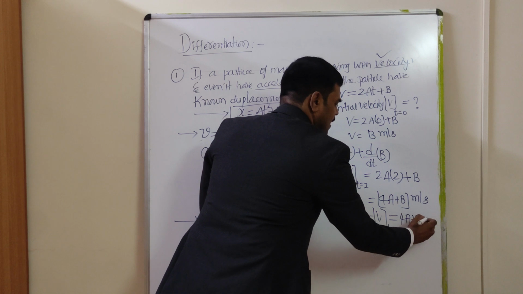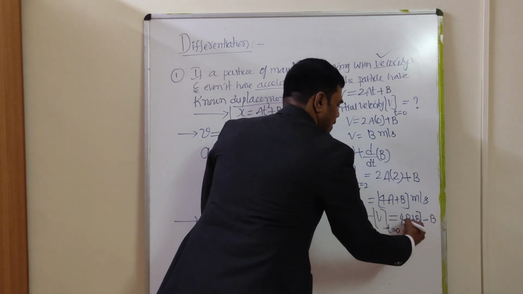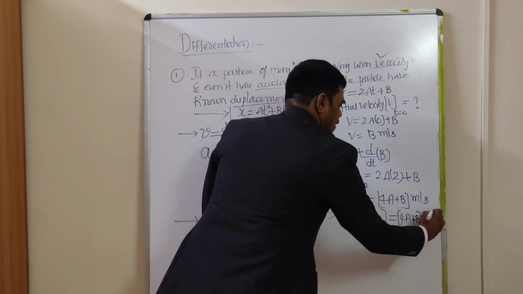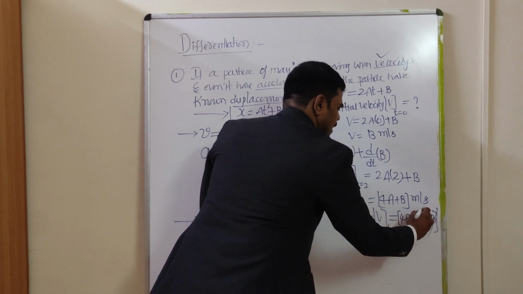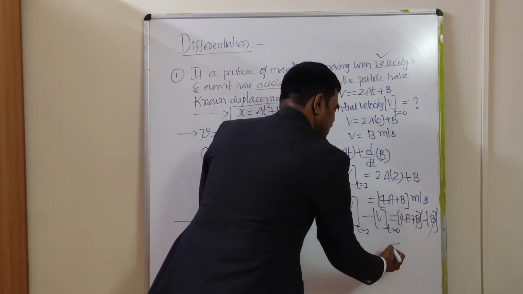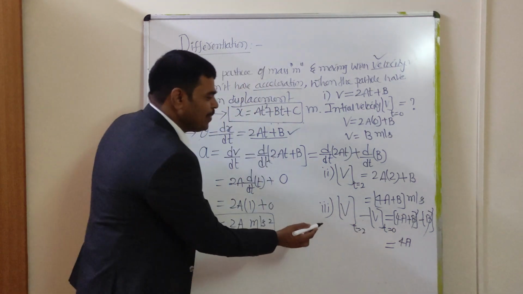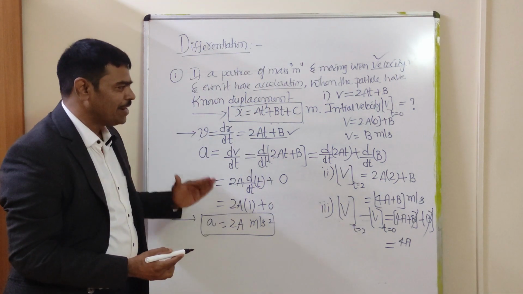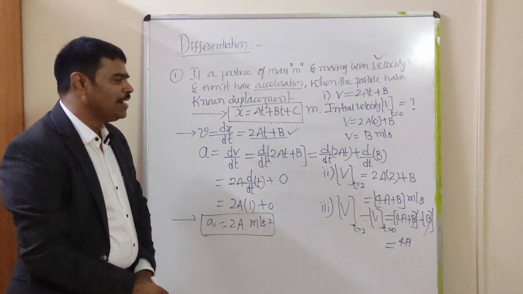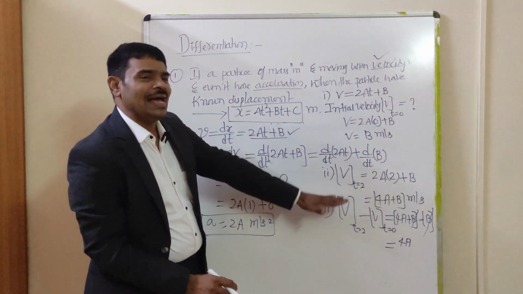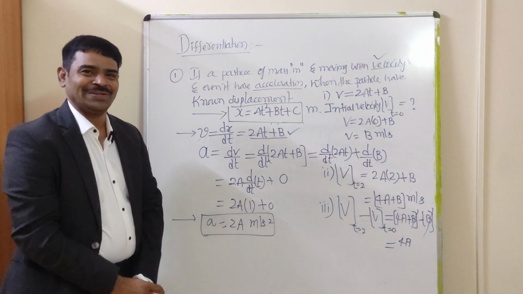So that minus b. This minus b and this plus b cancel. The answer is just 4a. Like this, we are able to solve any differentiation problem without any difficulty with various examples.